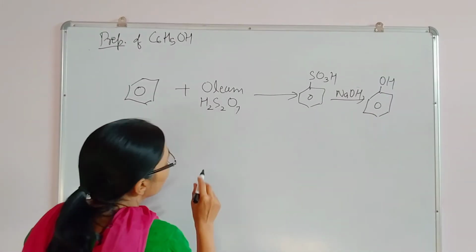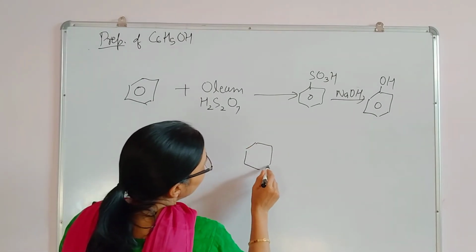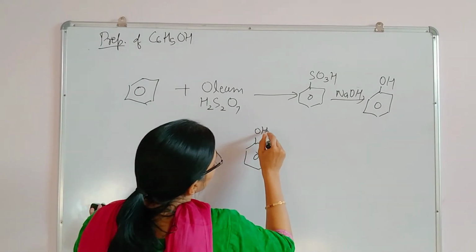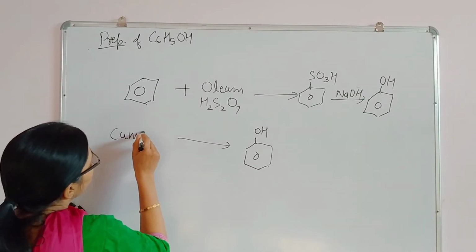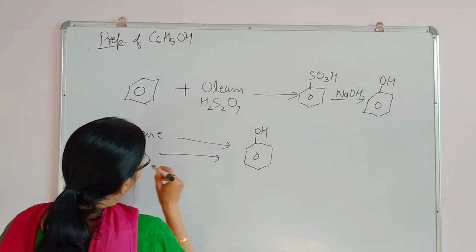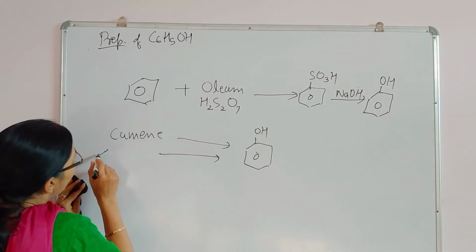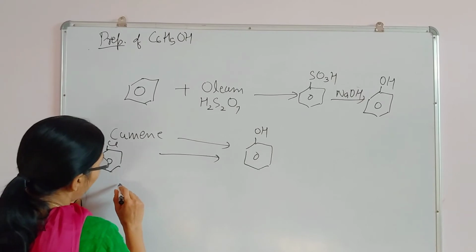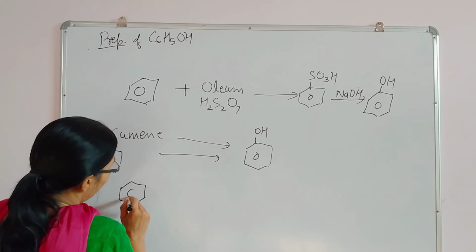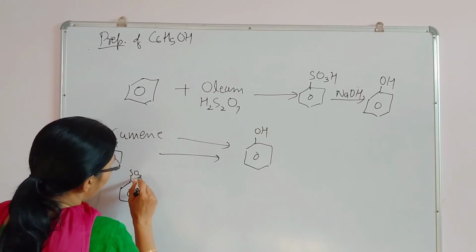If I am giving summary of formation of phenol, then the very first method, cumene, then you can say by halobenzene. Third method, by using benzene sulfonic acid.